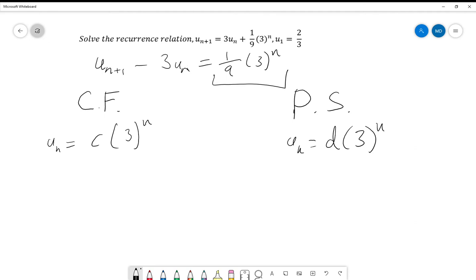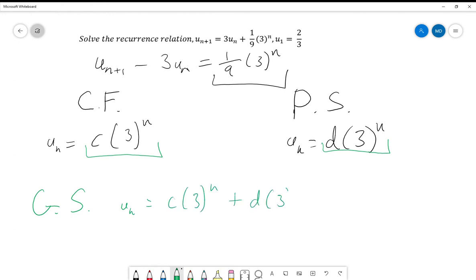Now, what you should notice here is that this is almost exactly the same function. I mean, it is the same function given that the constant itself is arbitrary. So that means that our general solution at the end, when we add the complementary function and the particular solution together, is going to give us un is equal to c times 3 to the n plus d times 3 to the n.